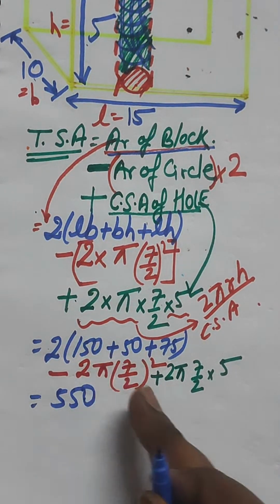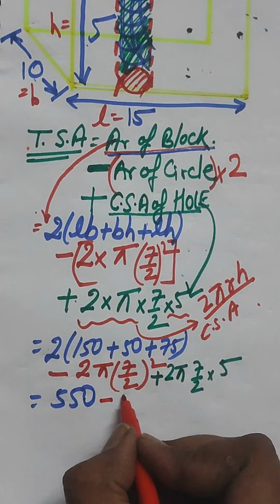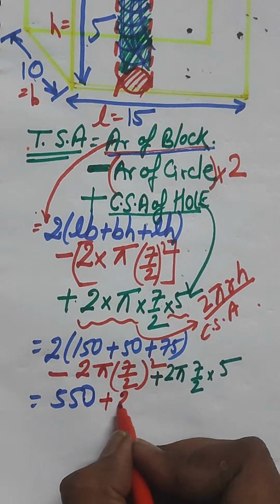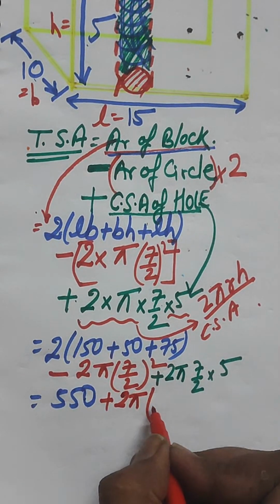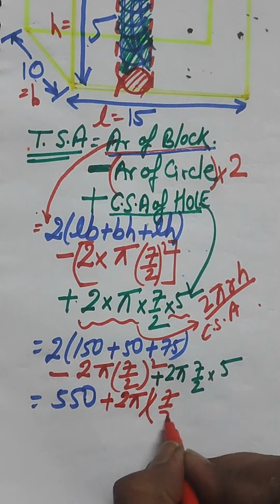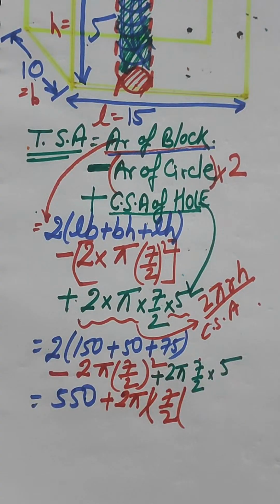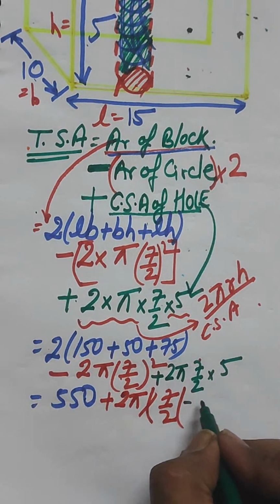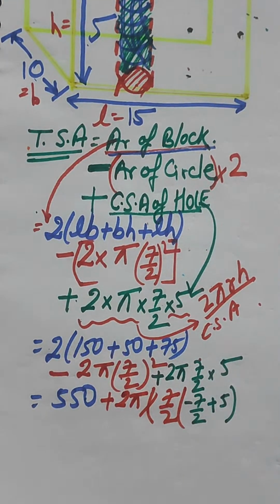And from 550, we subtract the area of the circle. So you can see 2 pi can be taken as common, and even we can take 7 by 2. Inside the bracket we have minus 7 by 2 plus 5, right?